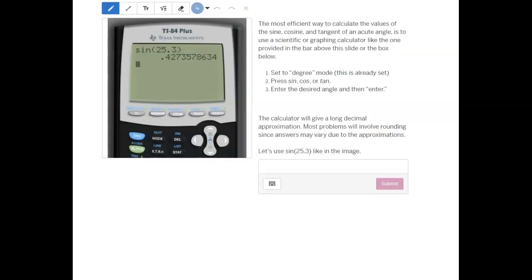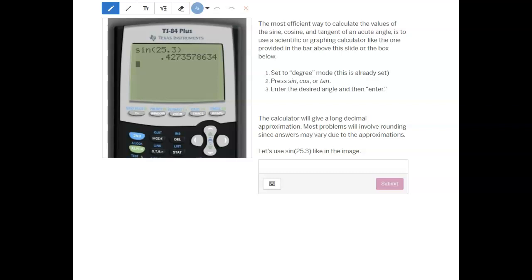The most effective way to calculate the values of sine, cosine, and tangent of an acute angle is to use a scientific or graphing calculator, like the one provided in Desmos. Remember, you can use desmoscalculator.com in order to find sine, cosine, and tangent.